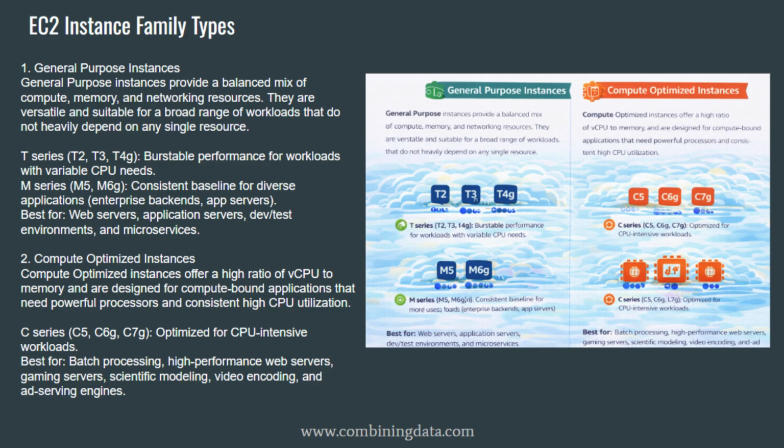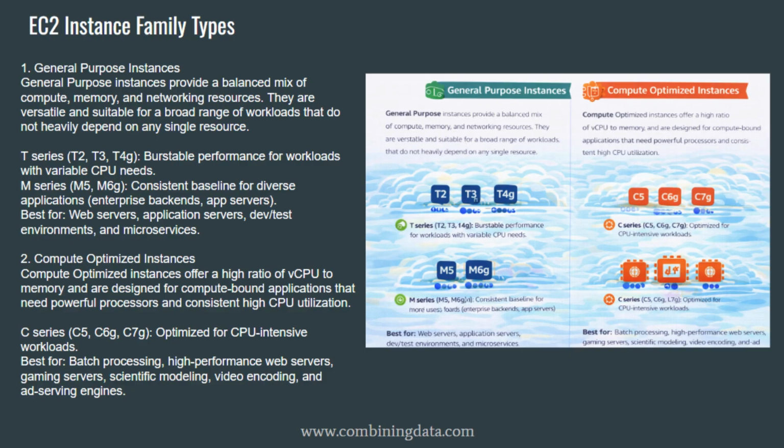Common families: C-series, C5, C6G, C7G, equals compute optimized. Great for sustained high CPU performance. Examples: batch processing jobs, video encoding, high-performance web servers, ad serving, gaming servers, scientific modeling.